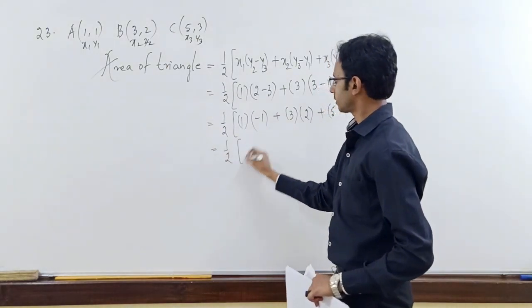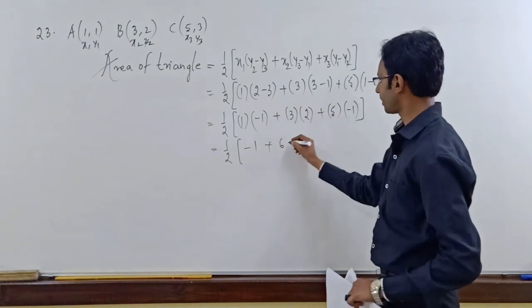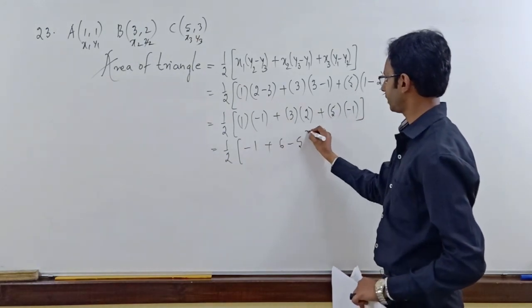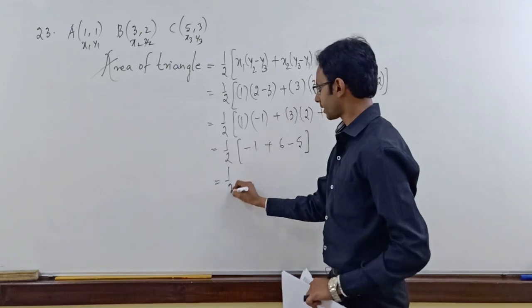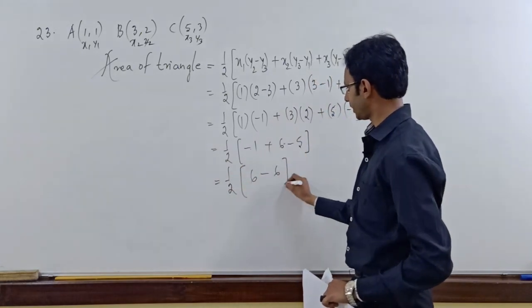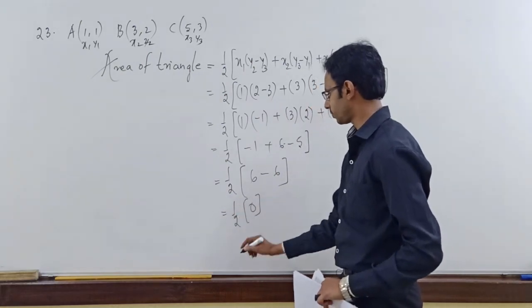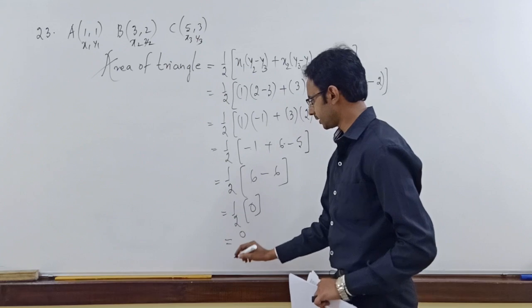Half times 1 into minus 1 is minus 1, plus 3 2s are 6, plus into minus is minus, and 5 1s are 5. You all know the addition and subtraction rules. So you get plus 6, minus 6. Half times 6 minus 6 is 0, and 0 multiplied by anything is 0.